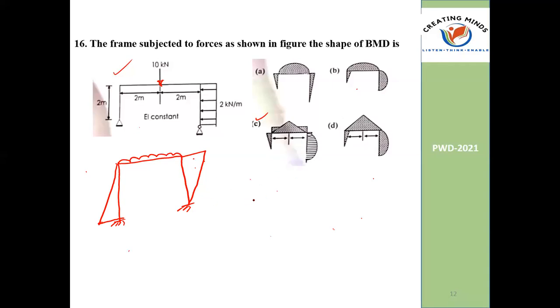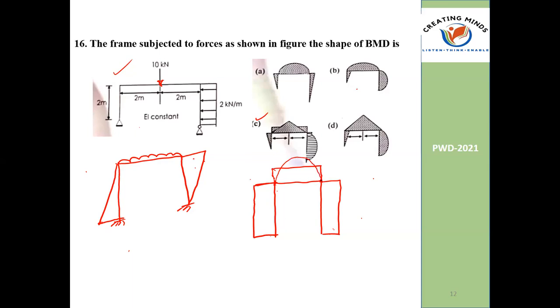See, what they'll do generally, you know that you are getting all the frame moments. But you know that for UDL, it is a parabola.